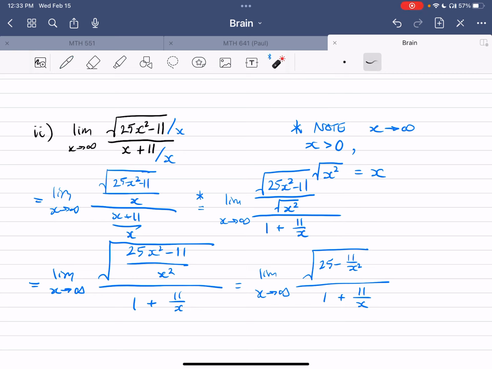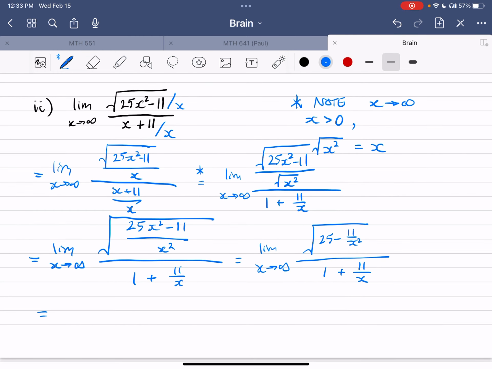Now I should be safe to push my limit through, and we'll get some limits that exist. So I'm going to push the limit to the numerator and denominator.